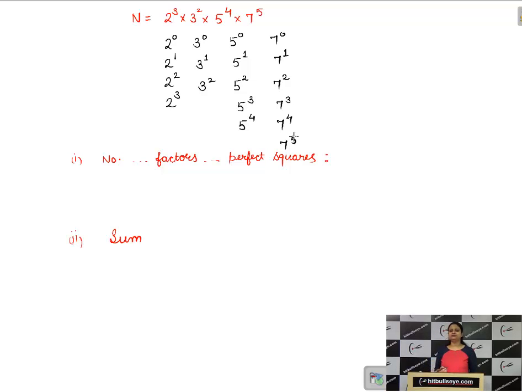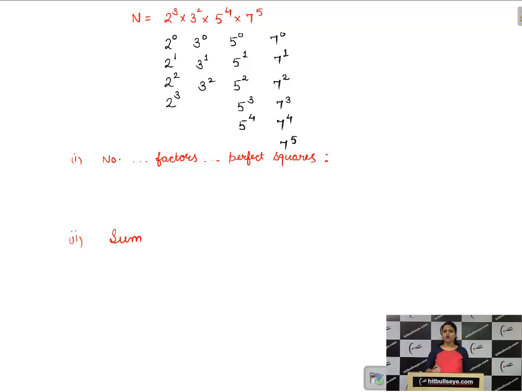Or to be very precise, if we write the prime factorization of a perfect square, the powers should be even always. I mean 2 raised to power 30, that is a perfect square since 30 is an even number. 2 raised to power 31, this is not a perfect square since the power 31 is not an even number. We will apply the same logic here.